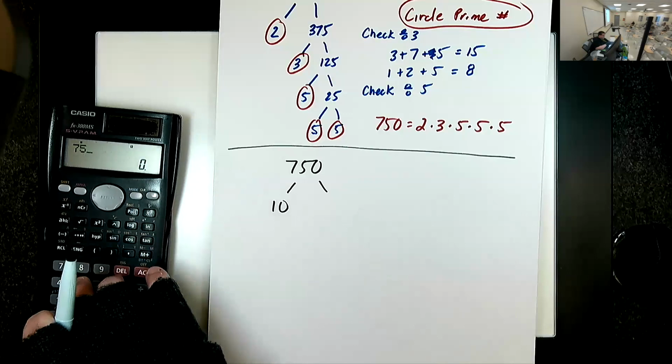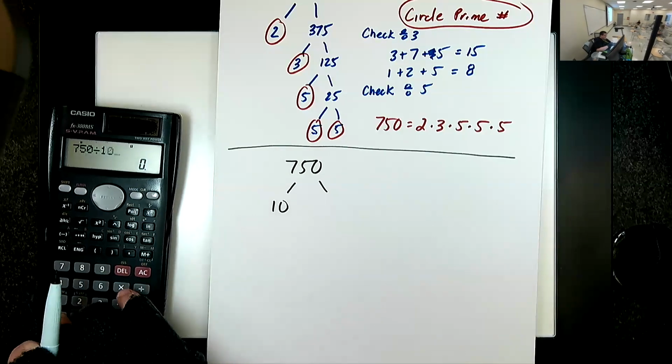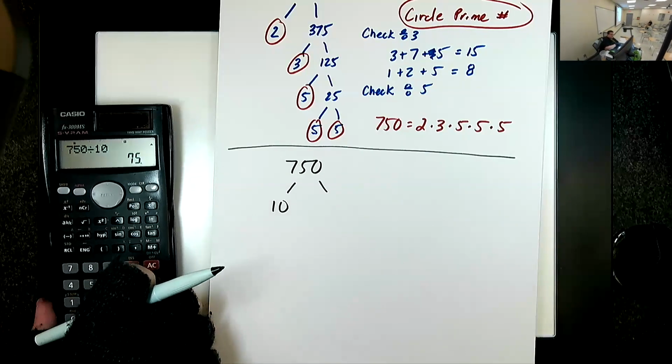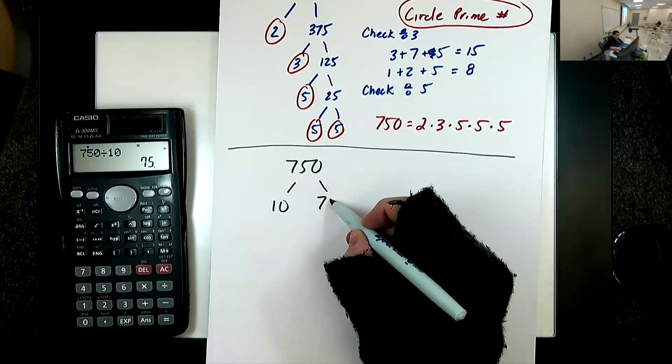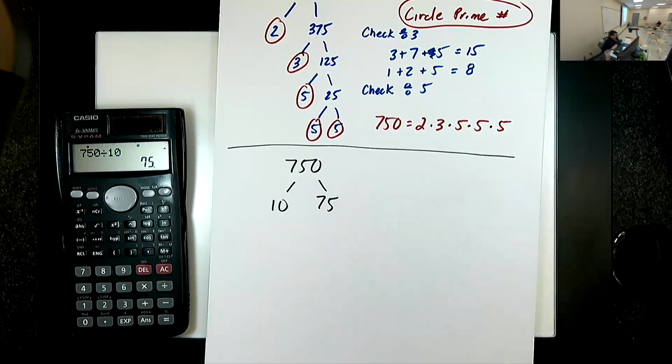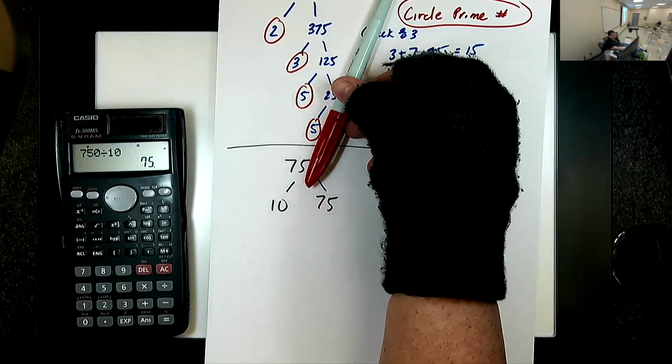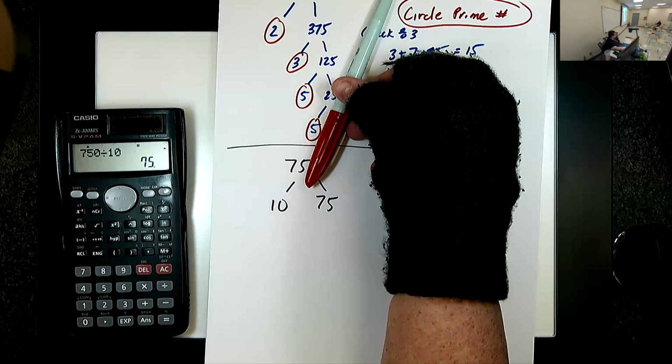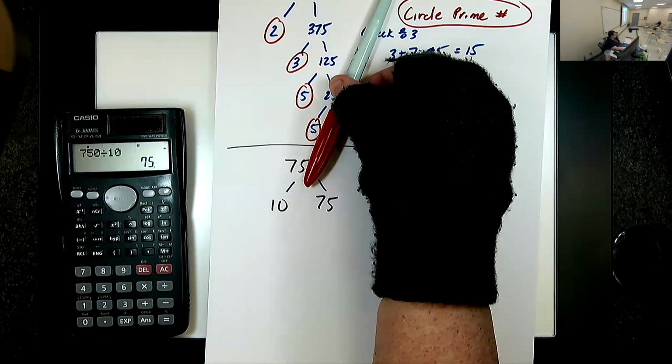And if I do 750 divided by 10, look at that, I get 75. Which I didn't need a calculator for. When you divide by 10 and it ends in a 0, you just chop off the last number. The 0 is gone and it tells me what it is. It's 75 right away. That's handy.